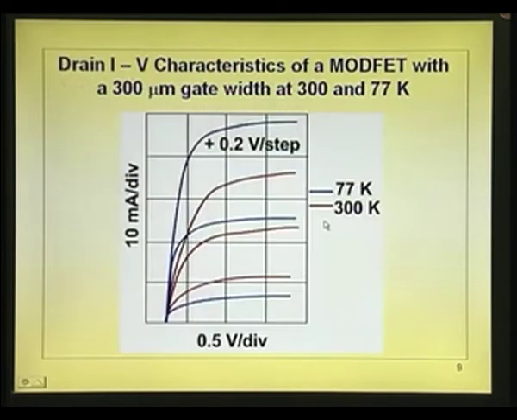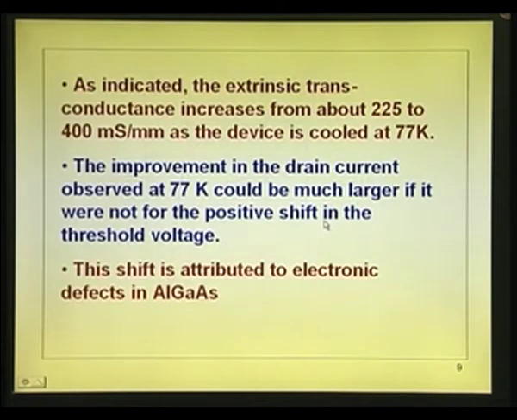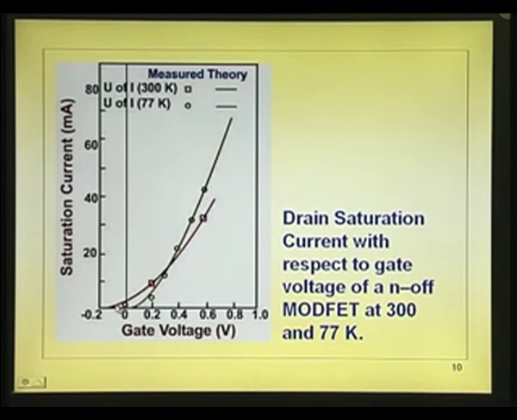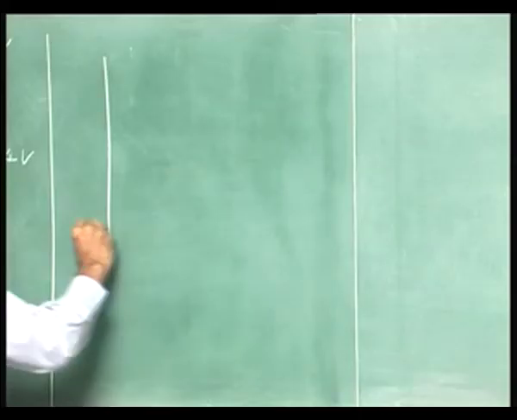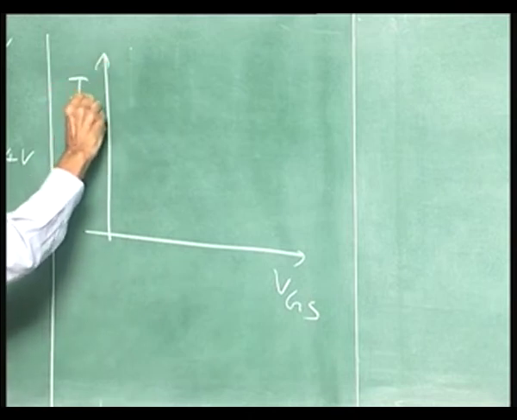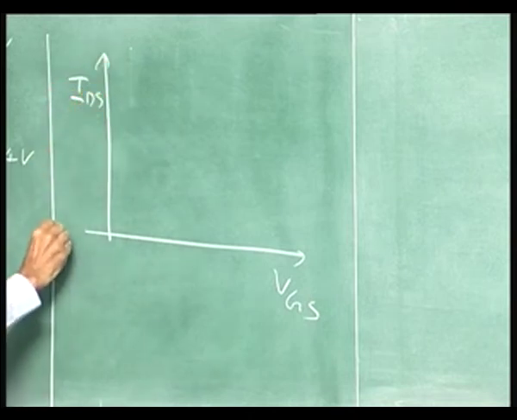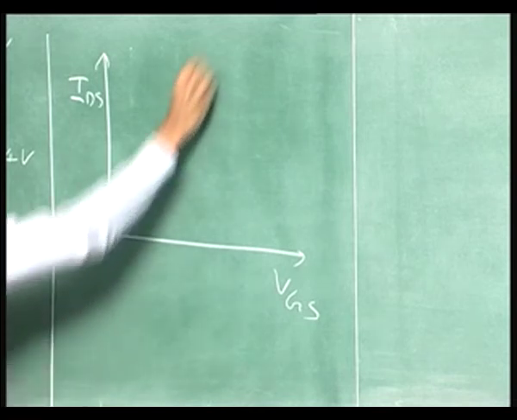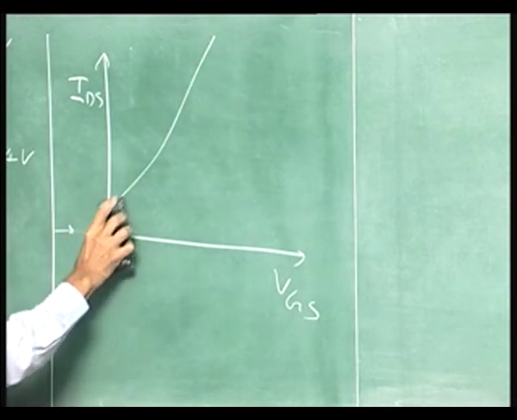See, what I am trying to say is, if this threshold voltage remained at the same value, when you apply the gate voltage, you would shift this entire curve. Suppose I take VGS versus ID saturation. In the first curve, we have got it like that. Let me put it slightly differently.